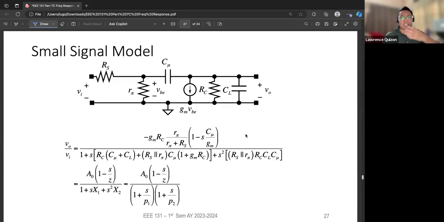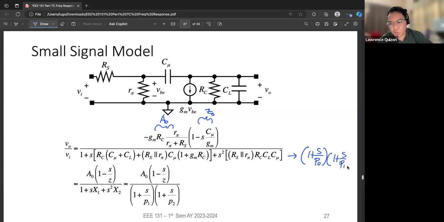So we try to interpret this, or we try to shape this into a form that we're familiar with, which we've already done. This is a zero, and this one should be transformable into two pole contributions, which is exactly this.